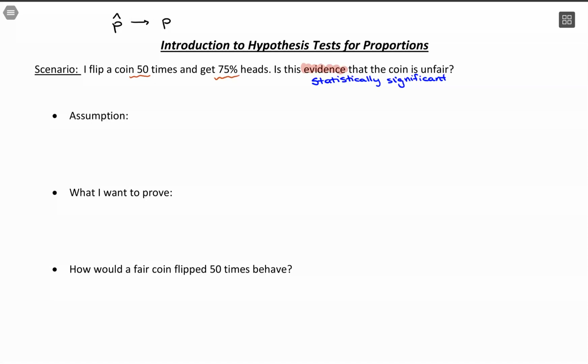First off, what we need to start with our hypothesis test is, what are we assuming is true? Like I've said with flipping a coin, when we grab a coin, we would assume it's a fair coin. So we're starting with this assumption that we have a fair coin, that it's showing heads 50% of the time.